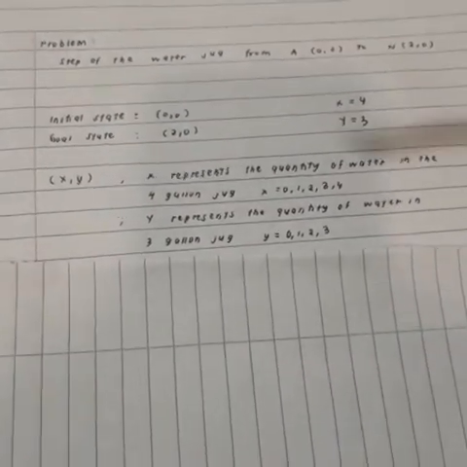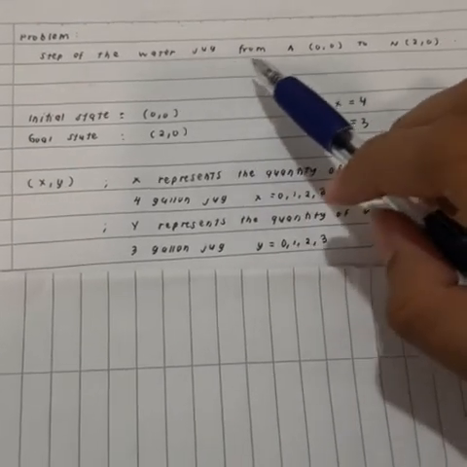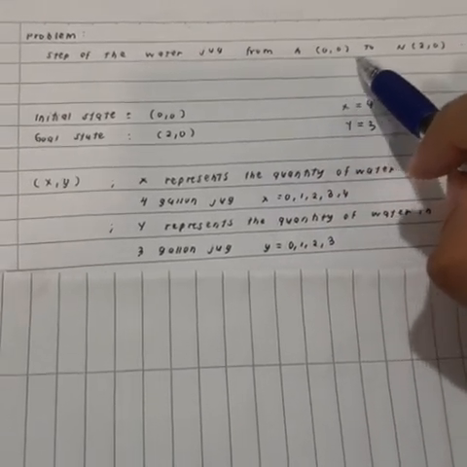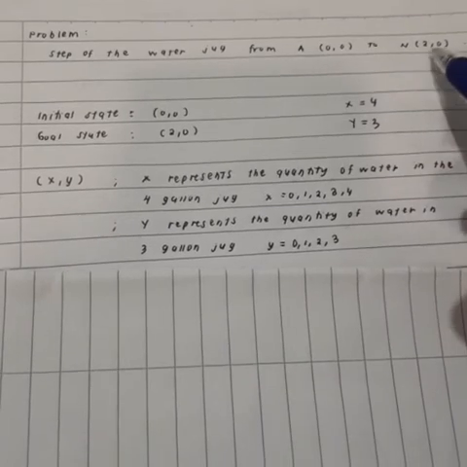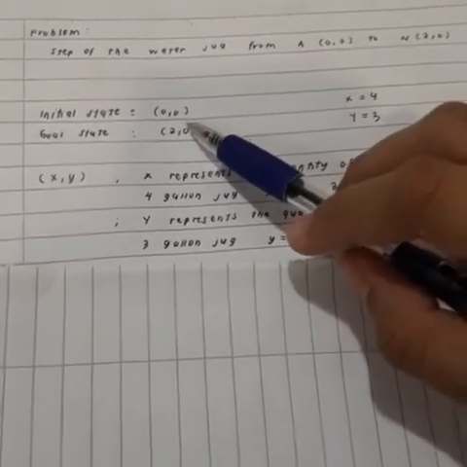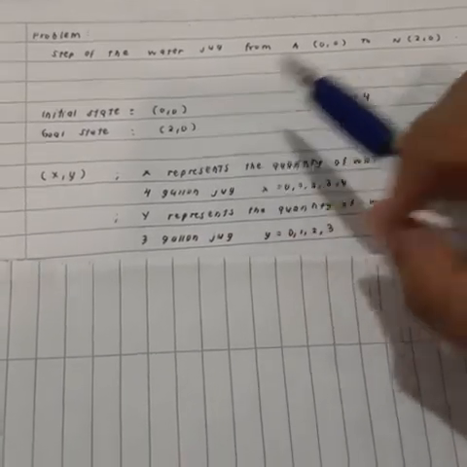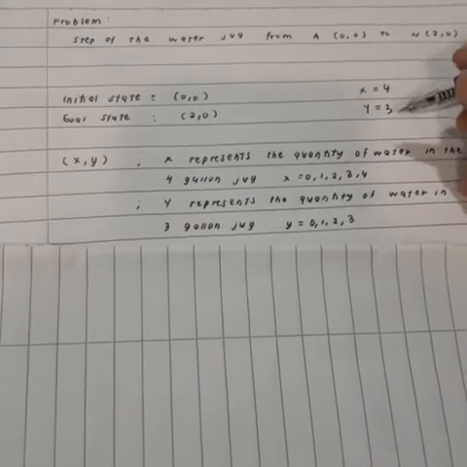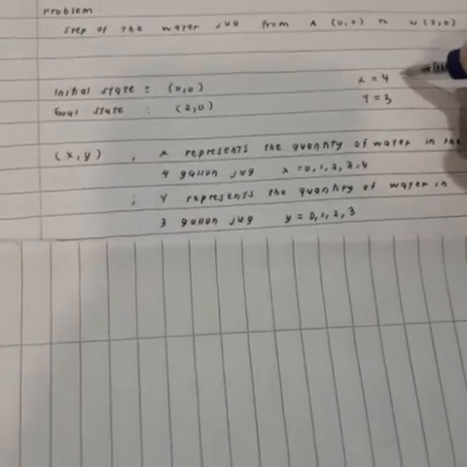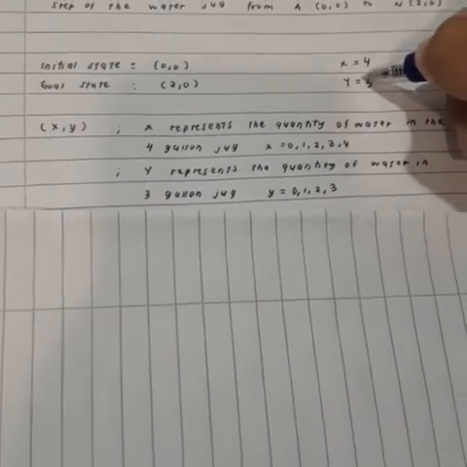The problem statement for the water jug is to step the water jug from 0 0 to 2 0. In here we know that 0 0 is the initial state and our goal state is 2 0. Let's say we assume that the maximum number for x is 4 and the maximum number for y is 3.